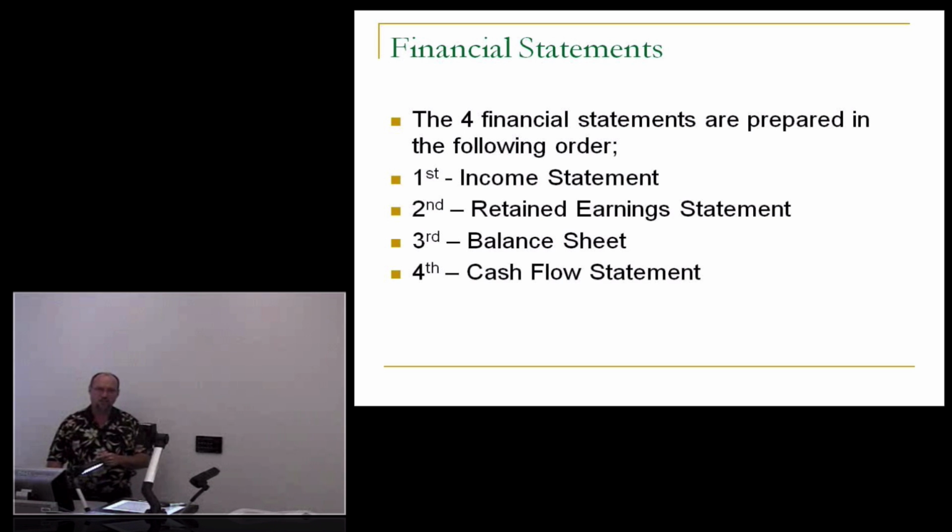The internal users of financial information are management and the employees. External users include investors, creditors, people we owe money to, unions, the government, vendors, customers, society at large. Okay, so various different groups have to have access to this information so they can make decisions.